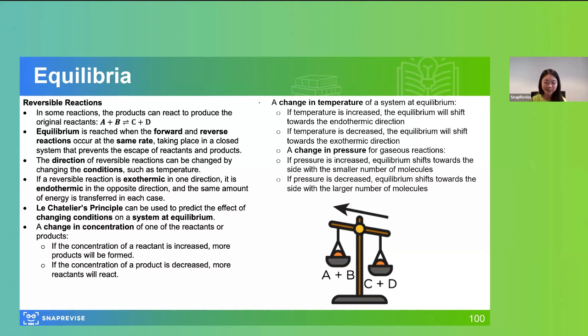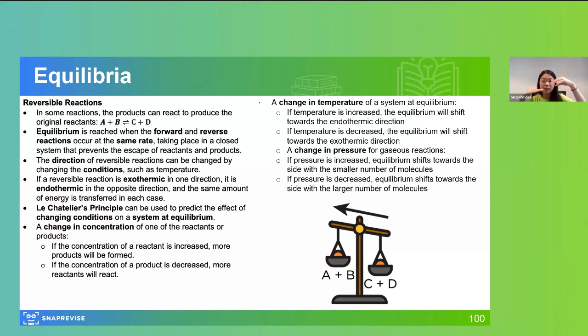Let's talk about Le Chatelier's principle, and let's talk about the three things: concentration, temperature, and pressure. A change in concentration will determine which direction your equilibrium is going to go. If the concentration of reactants increases, you're going to have more products because you're trying to balance it. Think of it like a balance, like the diagram in the bottom right.